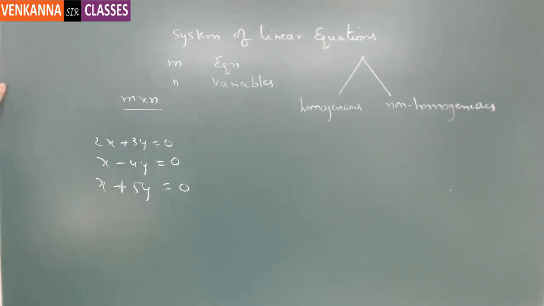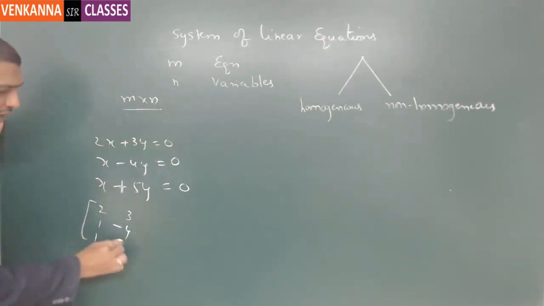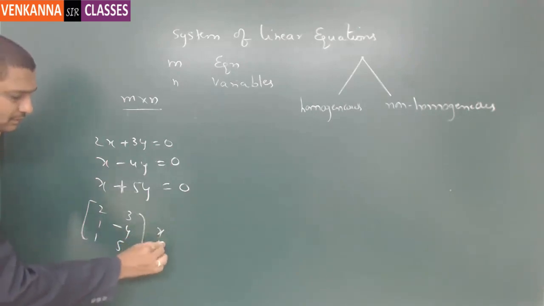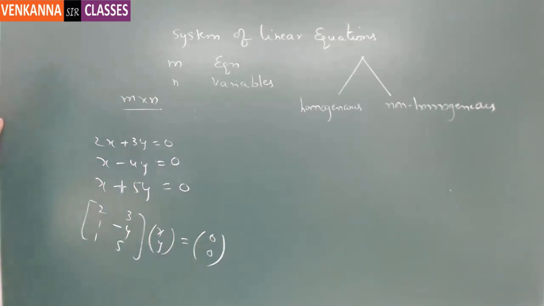If you consider the system in the form of a matrix, you will get 2, 3, 1, minus 4, 1, 5 of xy is equal to 0, 0. This type of representation we usually denote with Ax equal to 0.